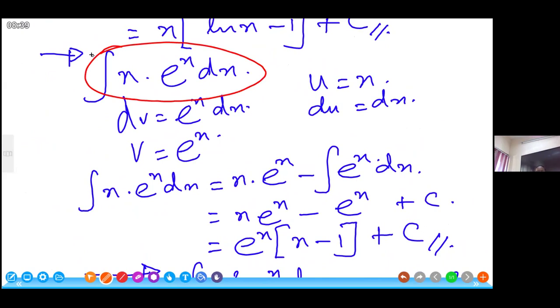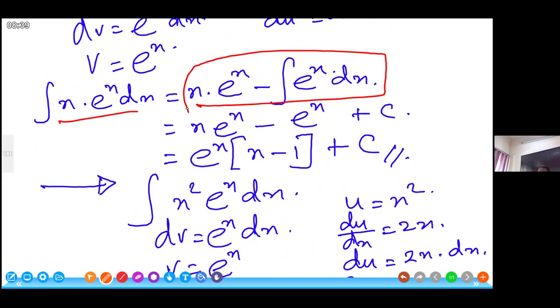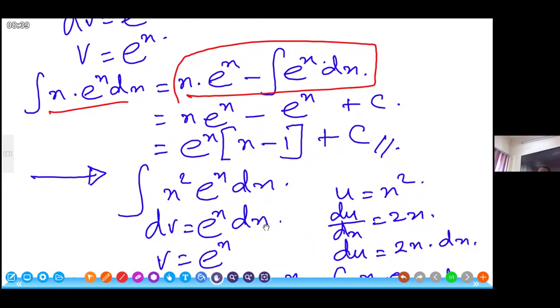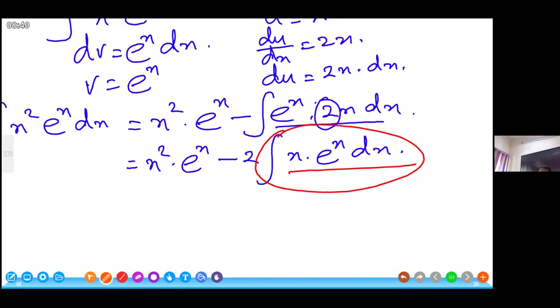Then integration of x into e to the power x dx. So how can that be written in this form? So I'm going to write that there, x into e to the power x. So from here, 2 into x into e to the power x minus integration of e to the power x dx.